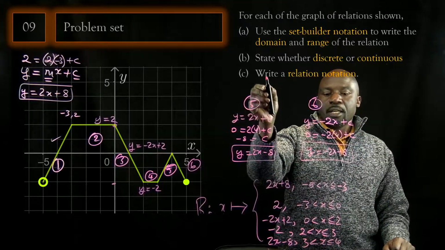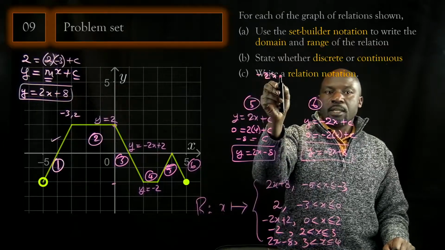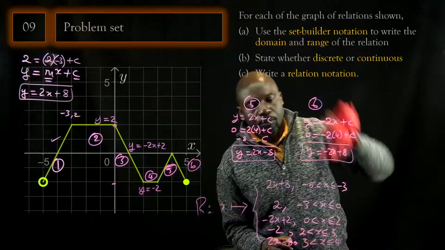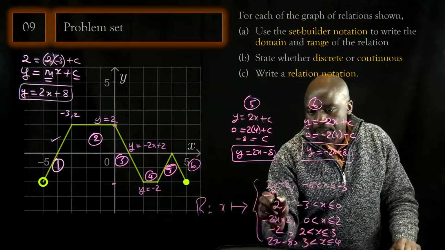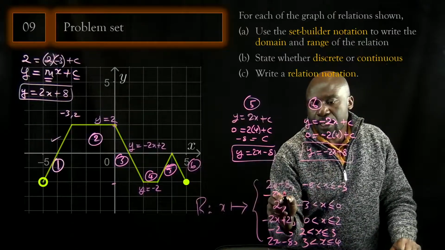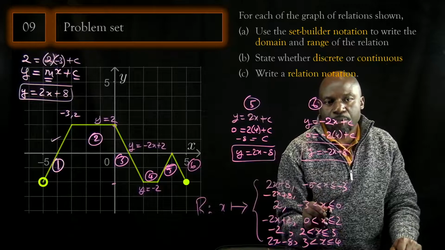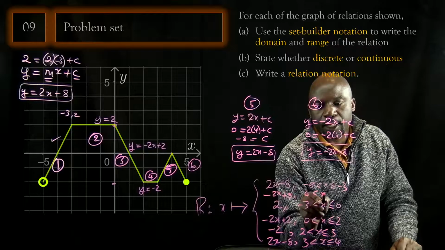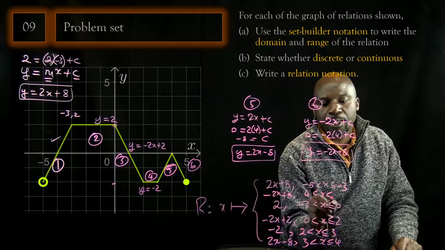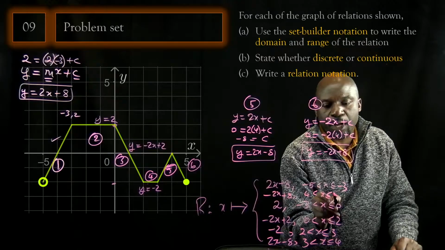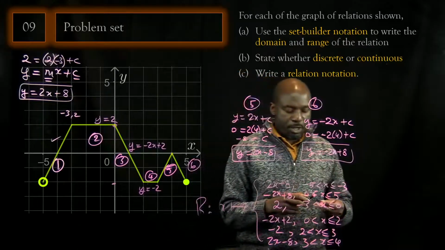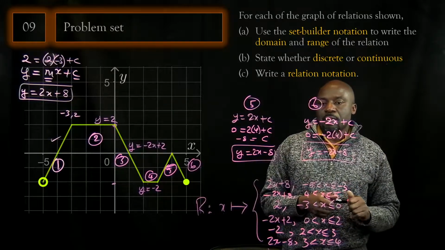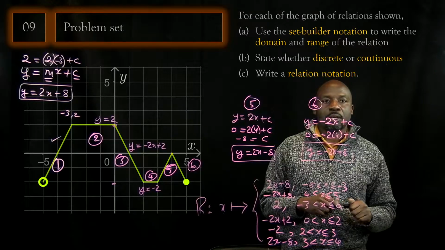So we would just write minus 2x plus 8 for values of x lying between 4 is less than x is less than or equal to 5. And this is how you would write down a relation notation for this function.